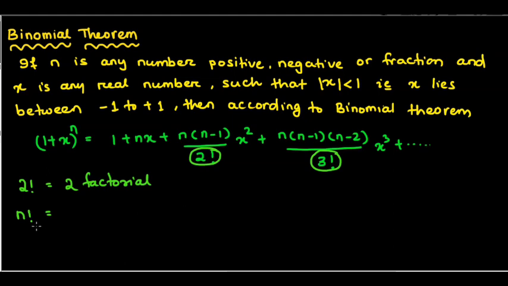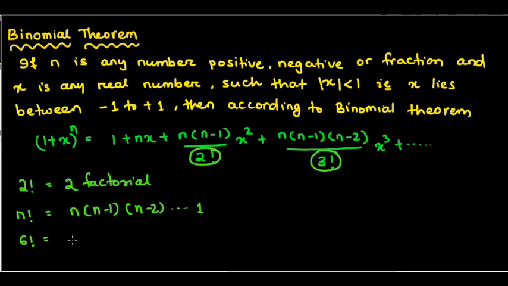So n factorial is equal to n into n minus 1 into n minus 2 dot dot dot up to 1. For example, if I write 6 factorial, then I will multiply all the numbers starting from 6 up to 1, and then I will gradually go towards 1.